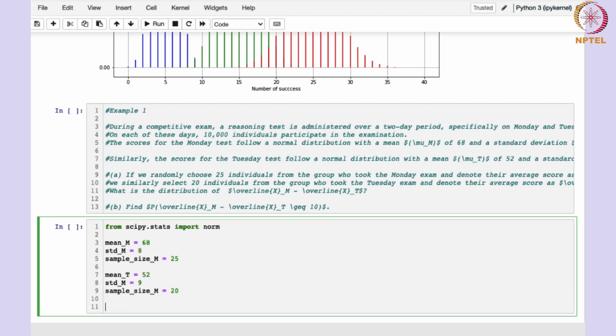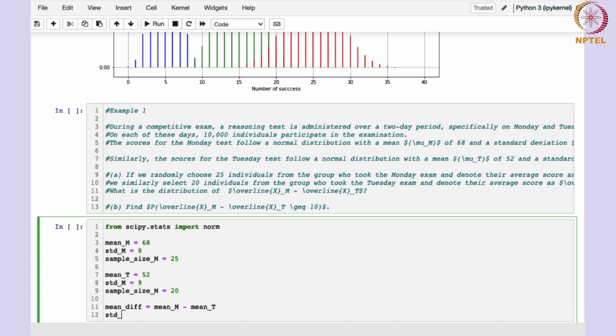So we will calculate the distribution of this. Let us write mean underscore difference is mean underscore m minus mean underscore Tuesday. And the standard deviation of this difference, because the formula is sigma 1 square over n1 plus sigma 2 square over n2. So this is mu1 minus mu2 basically.